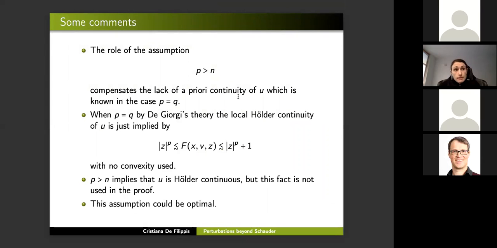Of course, De Giorgi's theory fails in the non-uniformly elliptic setting. It is no longer available. Therefore, the assumption p larger than n in some sense rebalances the lack of De Giorgi's theory, and I suspect that it can be optimal. Okay.